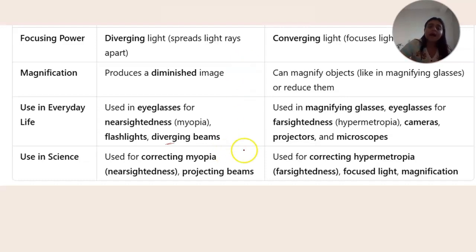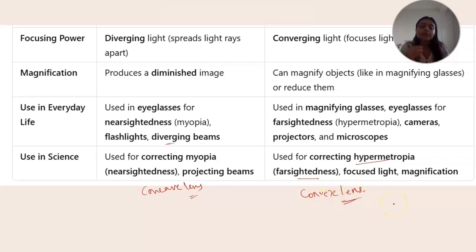So myopia, nearsightedness, needs what? Concave lens. And hypermetropia, farsightedness, to correct this we need what? Convex lens. So lenses are the cure, and they are used in our spectacles.